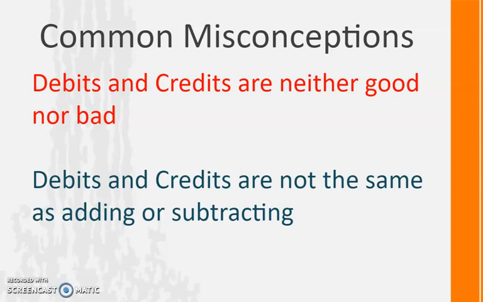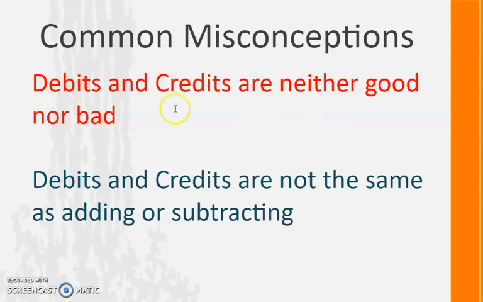Debits and credits are not the same as adding and subtracting. That's the other misconception. When you debit something, you're not adding to it or subtracting from it. And the same thing with credits. You are simply putting money into the right side of that T account for credits, or if it's a debit, you're putting money into the left side of that T account.